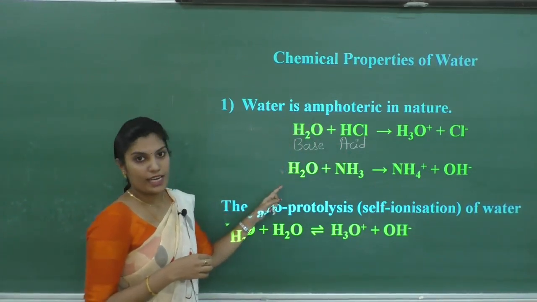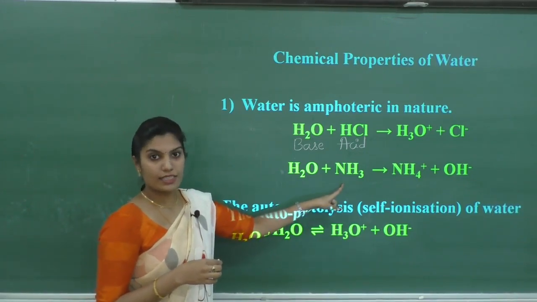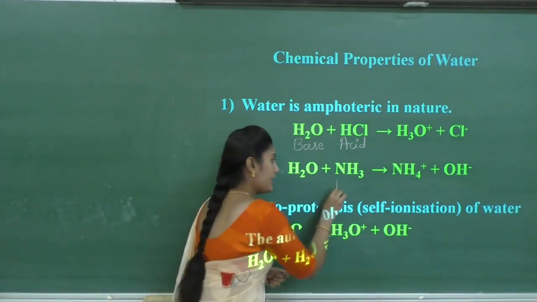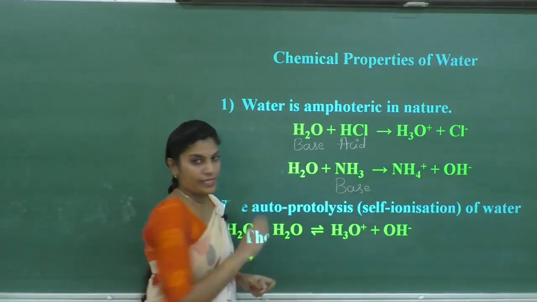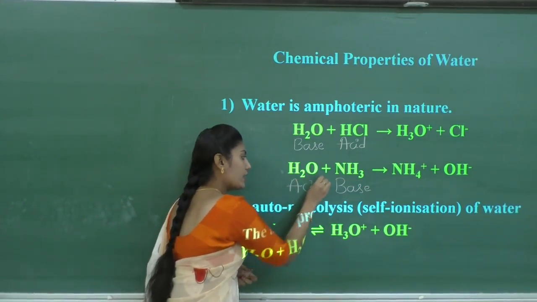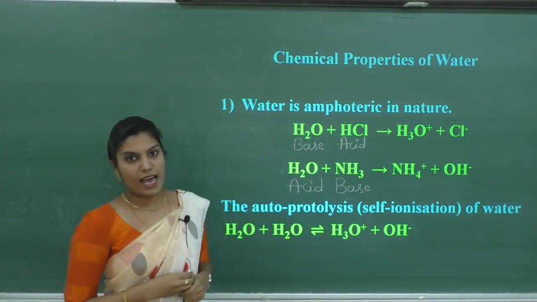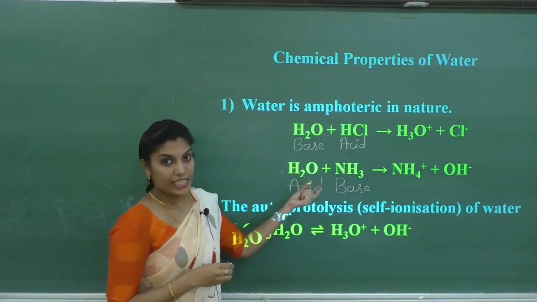Coming to the second reaction, you know that ammonia, NH3, is a base. In the presence of a base, water will act as an acid. Water itself acts as an acid. What do you mean by acid? The substance which donates H plus ion.